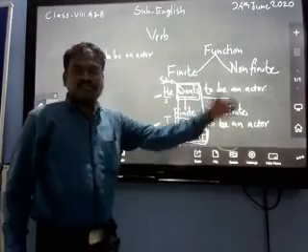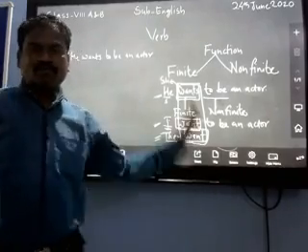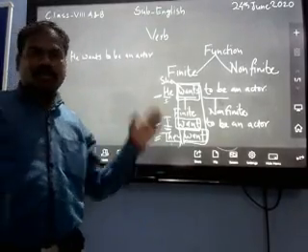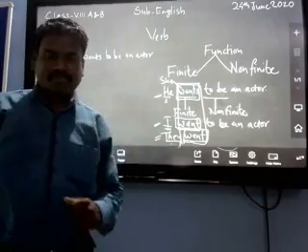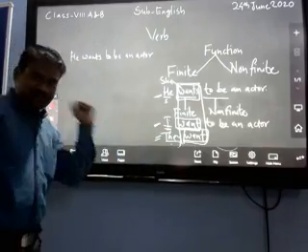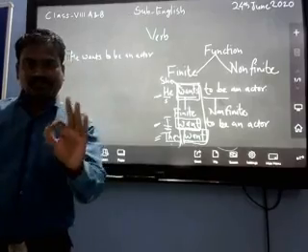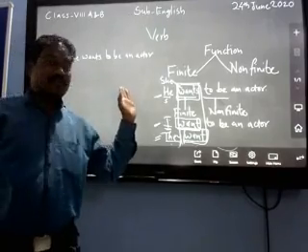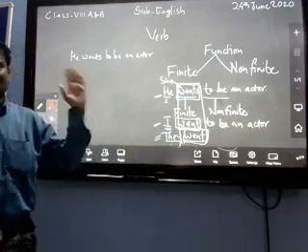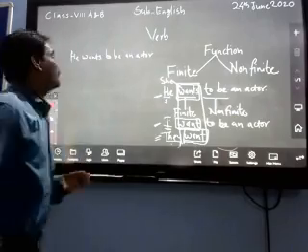Here in these examples, we have not changed the tense. What we have changed are the subjects and their persons and their numbers. Let us change the tense now. He wants to be an actor. You have studied simple past tense and simple present tense. So this is which tense? Simple present tense. Yes, simple present tense. Let us change it into the simple past tense.